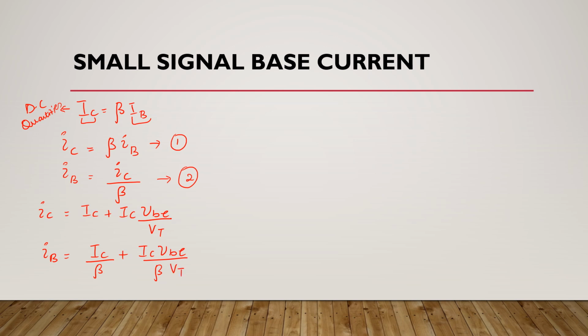If we rearrange this equation, we know that IC divided by beta is equal to IB. So equation number 3 can be written as instantaneous base current is equal to IB plus IC vBE divided by beta VT.